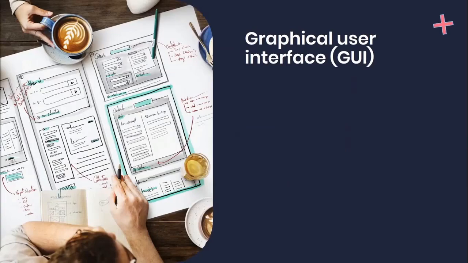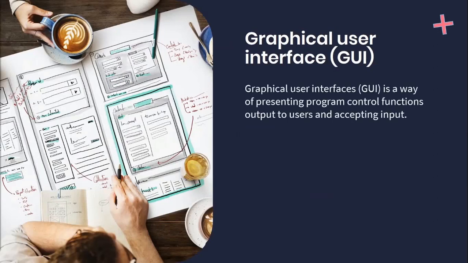Now let's try and conceptualize the GUI to figure out why it's so important. The graphical user interface is a way of representing a program's control functions as well as the output to users, and accepting input as well, which is why we use forms and buttons. It's also the part that the user interacts with. So again, this goes back to the first point. A GUI allows users to interface with the system, like accepting information, pushing buttons or searching things.